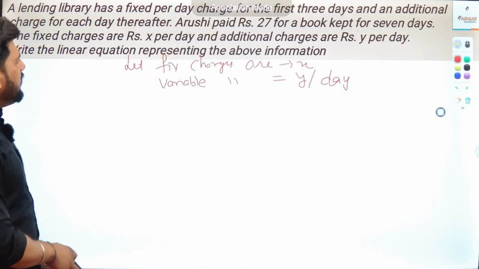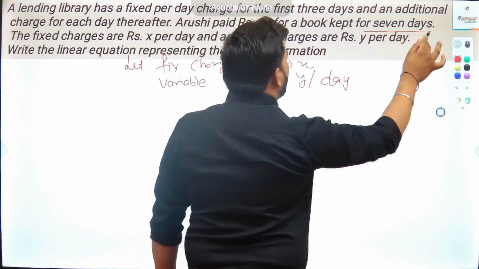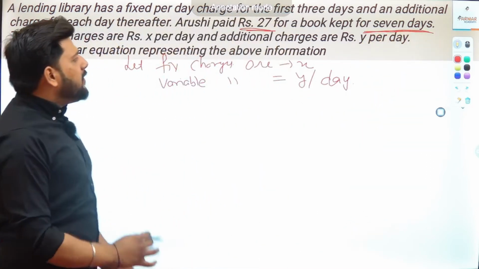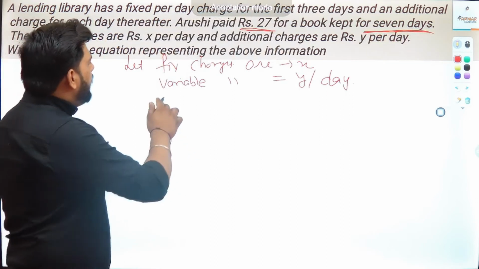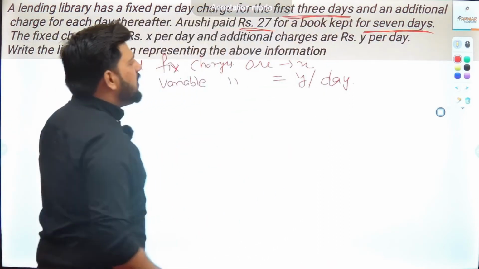So look here, Arushi paid 27 rupees, she kept the book for 7 days. Now she kept the book for 7 days, but the fixed charges are for the first 3 days.